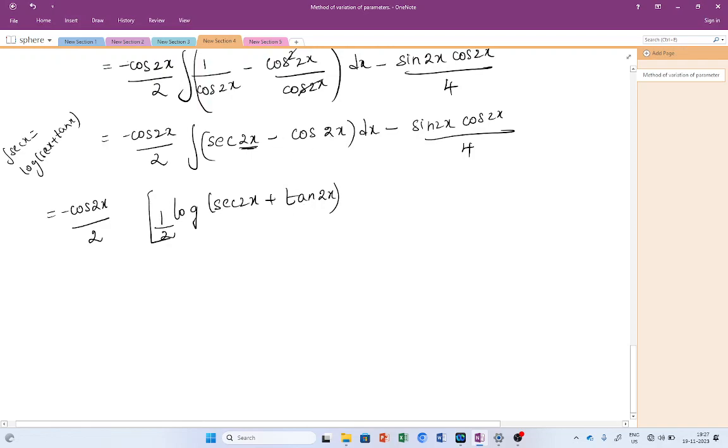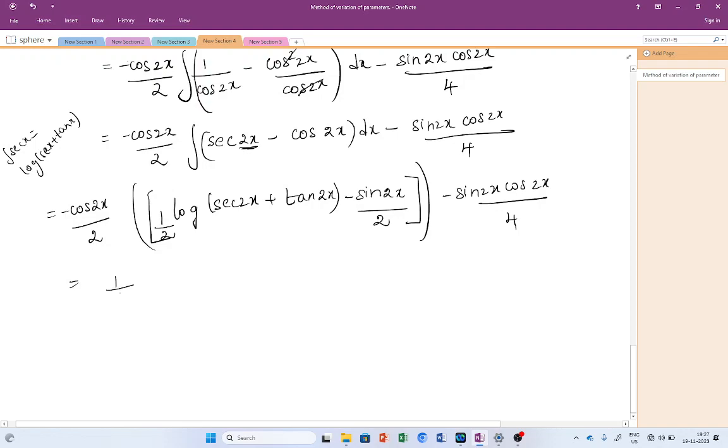And here for the integration of the second term, integration of cos 2x is sin 2x divided by 2. Whole thing. So this is common for this, cos 2x by 2 minus sin 2x cos 2x by 4. Okay, now I'm multiplying this cos 2x by 2 inside.